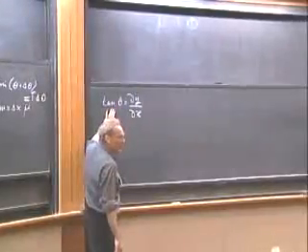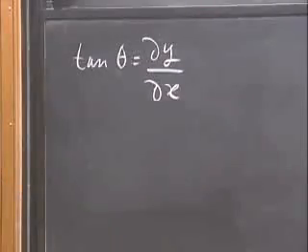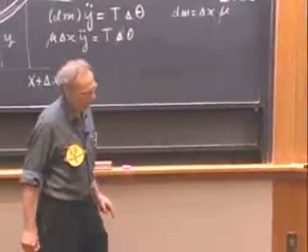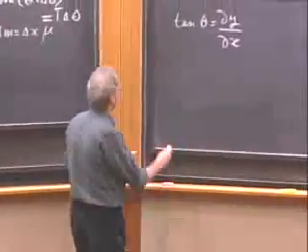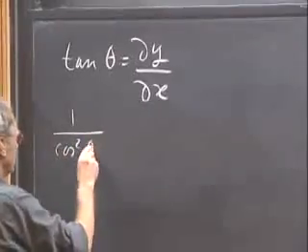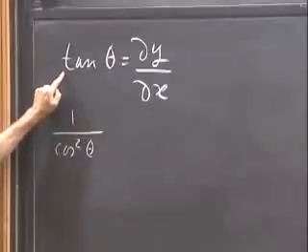I take the derivative on this side and on this side in x. So the left side, I take d tangent theta dx, and I do it on the right side. Now the derivative of the tangent of theta, of the function, is 1 over the cosine squared of theta. That can't take you more than 20 seconds to confirm that. You can do that in many different ways. So this is the derivative of the function itself.